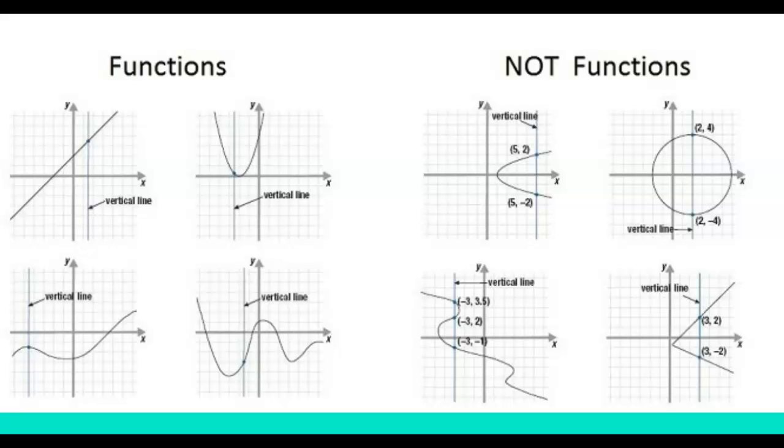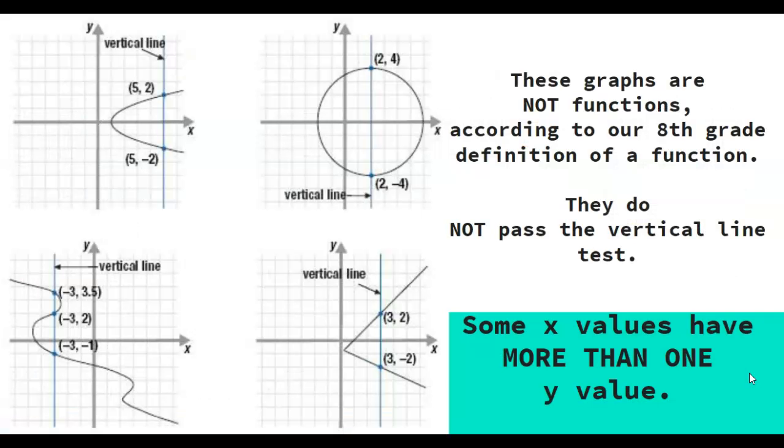Here's another view of that, the difference between a function and something that is not a function. These graphs are not functions according to our 8th grade definition. They do not pass the vertical line test, again, because some of the x values have more than one y value.